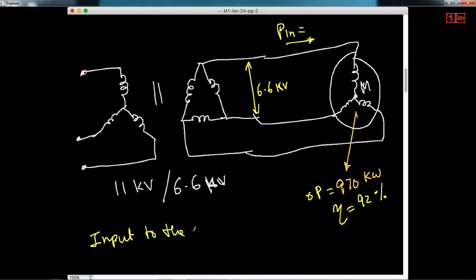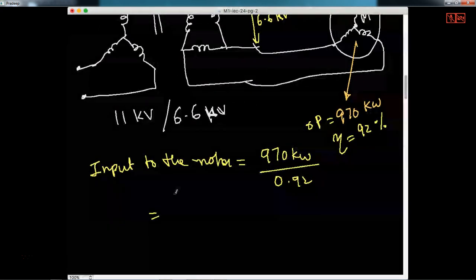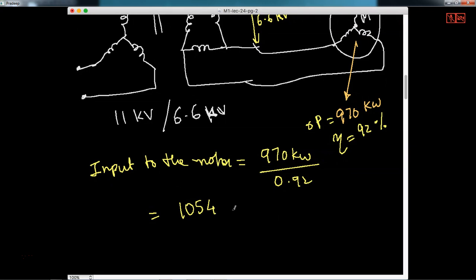Input to the motor is output divided by efficiency, so 970 kilowatts divided by 0.92, which is 1054 kilowatts.